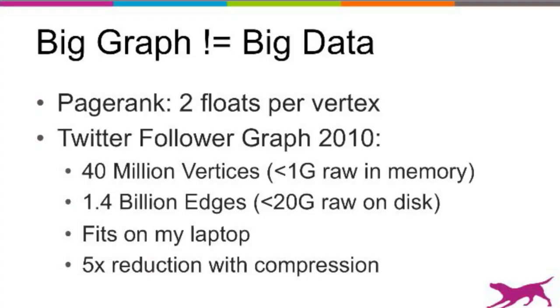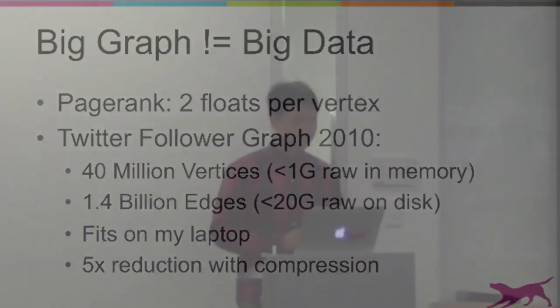Just to give you an example, a classic task like PageRank only requires 2 floating points per vertex. If you're taking the context of the Twitter follower graph with 1.4 billion edges, you can comfortably store it with less than 1 gig of memory, even representing it naively.